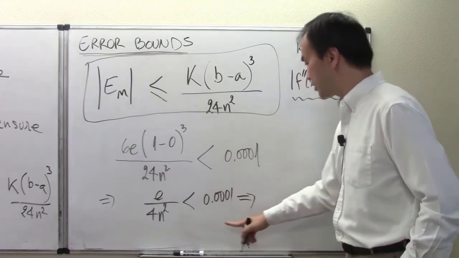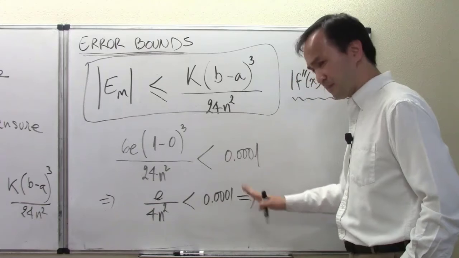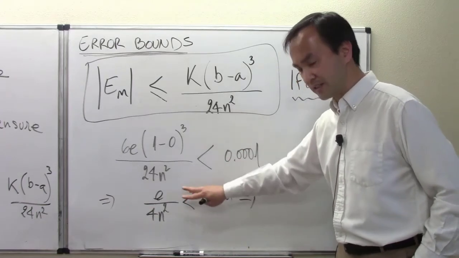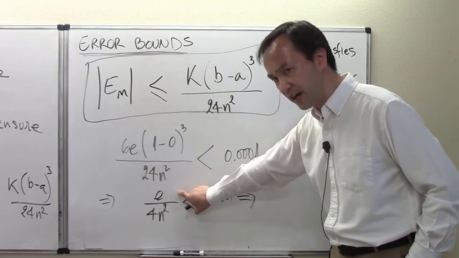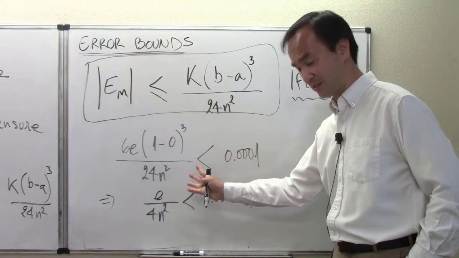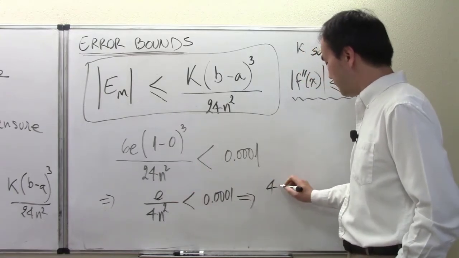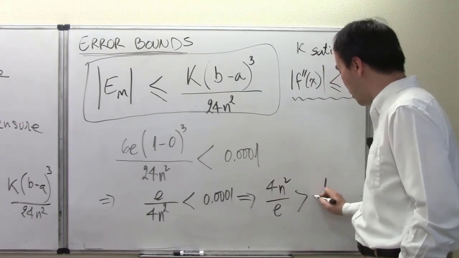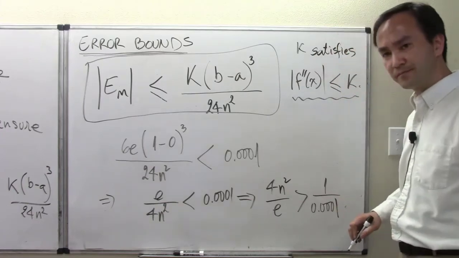I am going to take the reciprocal of the inequality on both sides, but be careful when you're working with the reciprocal of an inequality. When you take the reciprocal of any inequality, the inequality sign is going to switch direction. That's a quick algebraic review right there. So 4n squared over e has to be now greater than 1 over 0.0001.